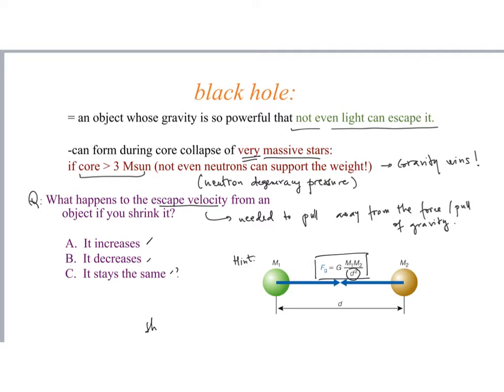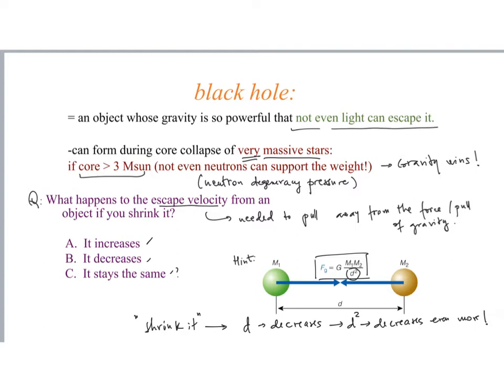So now, shrink it means the distance between those two objects decreases. If the distance decreases, the distance squared decreases even more. Actually, the square of whatever the decrease was before. So that's a lot.